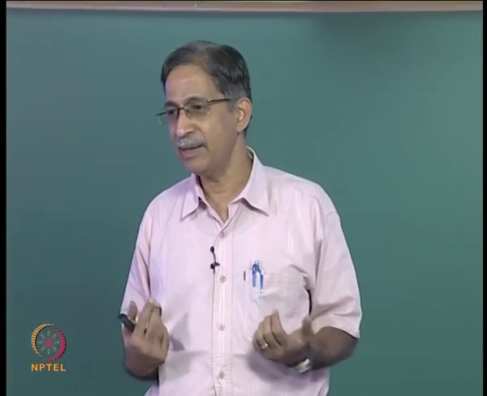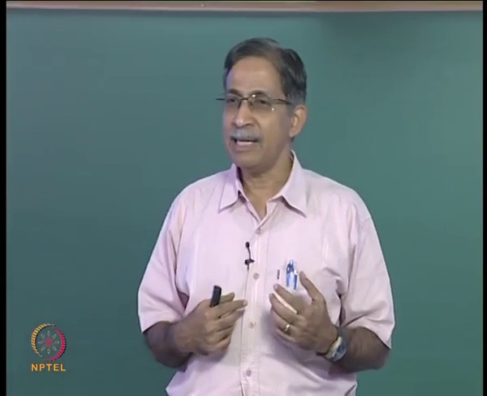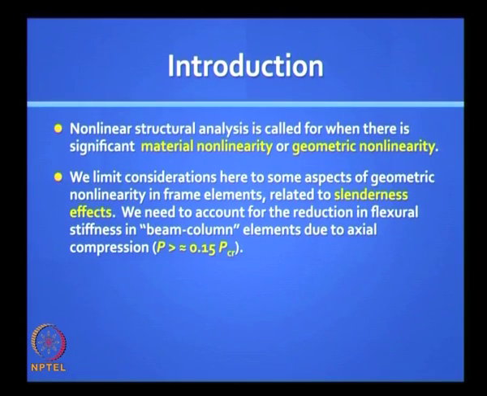So we are looking at that behavior. It may not be of concern if your level of axial loading is low in relation to the buckling strength. So I have suggested there that as long as your axial compression is less than 15% of your critical buckling load, perhaps you can ignore this in engineering practice.